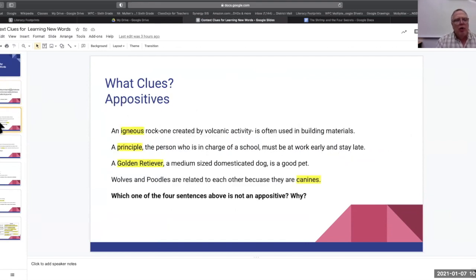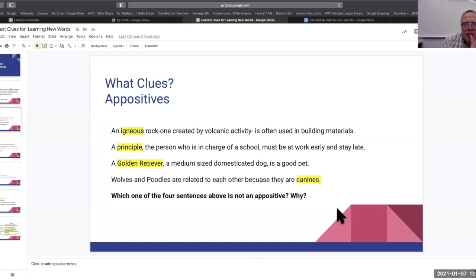We don't always look for definitions. Sometimes they'll give us what are called appositives, okay? And we're going to read this one. I'm going to show you what an appositive is. The first sentence says this: an igneous rock, one created by volcanic activity, is often used in building materials.